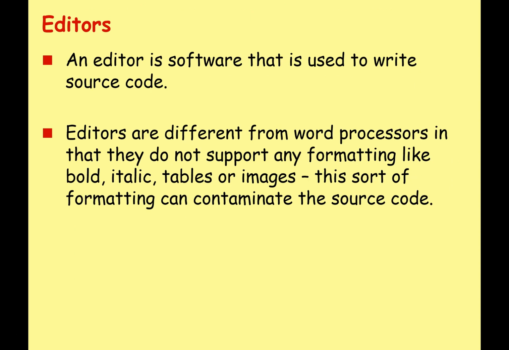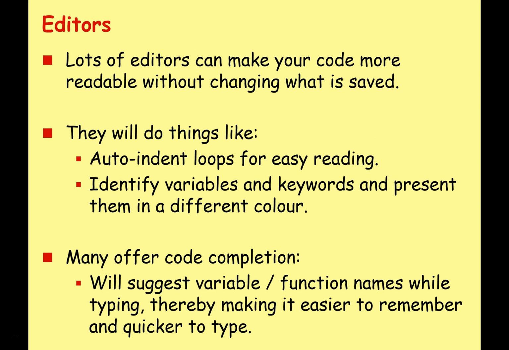So an editor is the software that is used to write source code. A code editor is different from a word processor in that it's not worried about formatting with bold, italics, tables, or images, because that's just going to interfere with the source code. It's going to contaminate it. An editor for software development is all about writing code that can be translated easily into machine code.